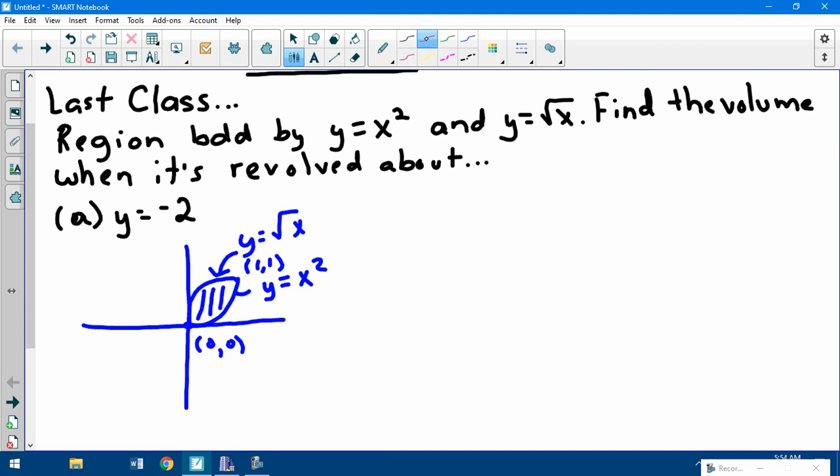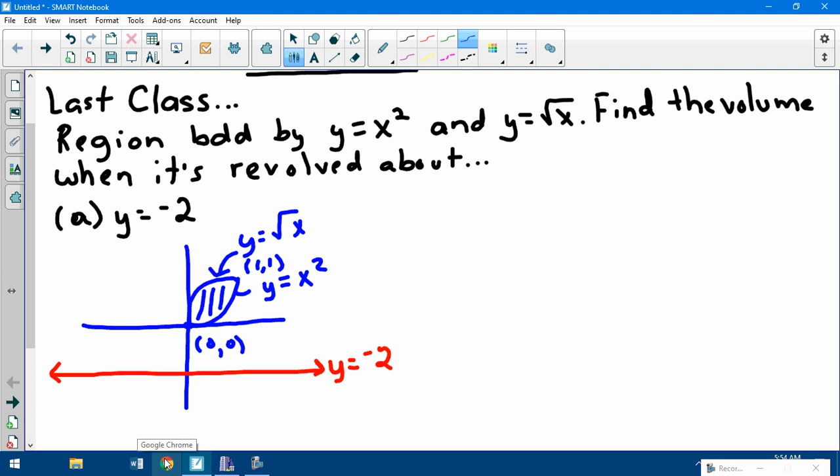Okay, so now the axis I'm going to revolve around is down here, y equals -2. So when I revolve that region around there, we'll have a little bit of a gap, because obviously there's a gap between that and the axis that we're going around.